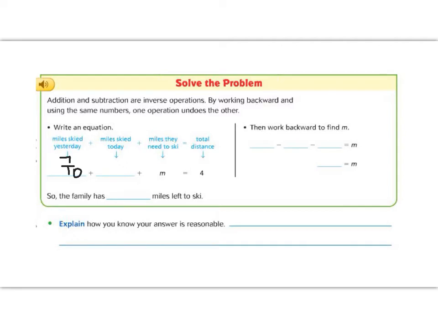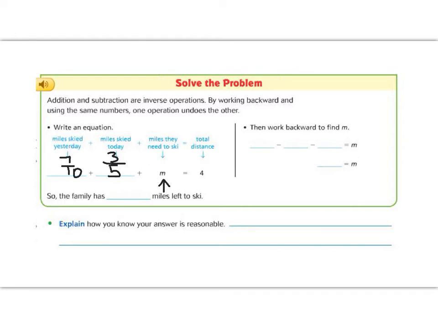And then it says the miles they skied today. Today they skied the Pine Trail, which was 3/5. And then if we add all of these together, we're going to get the total distance of 4. But we need to figure out what this m is, what the difference that we're missing.